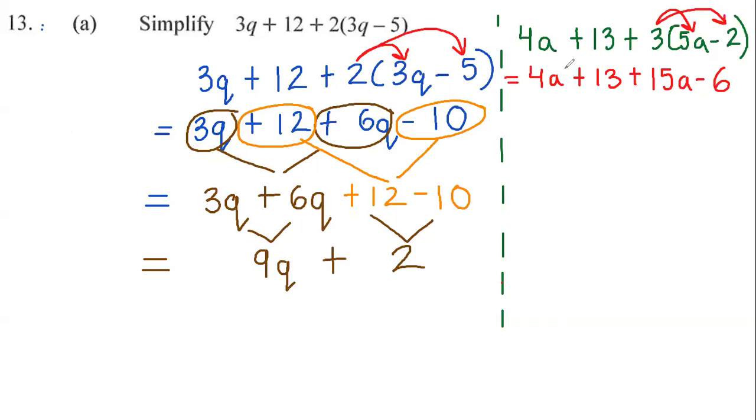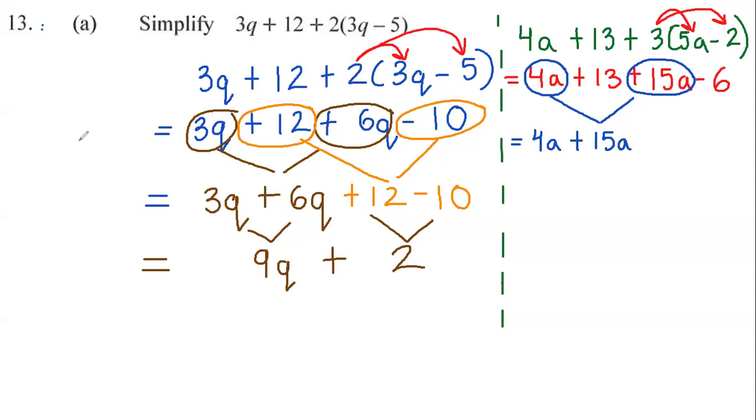So we have to group. It's going to be 4a plus what? 15a. Group them together, this and that. So it's going to be equal to 4a plus 15a, which gives you 19a.